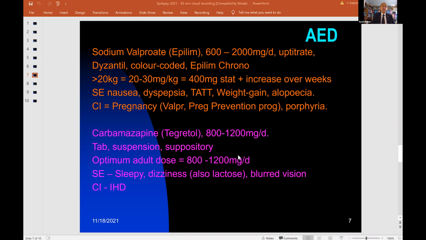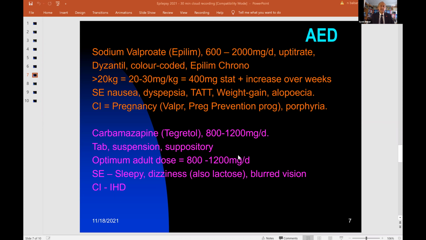If someone is over the weight of 20 kilograms, then 20 to 30 milligrams per kilogram, such as 400 milligrams in all, is introduced once a day, and it's increased over weeks to the maximum tolerable dose or when the patient is comfortable.